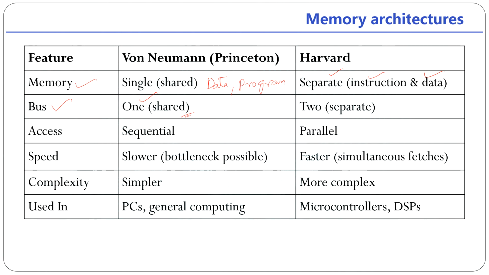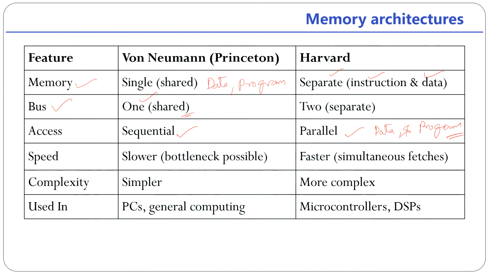Because of this shared memory and shared bus, the memory operations are sequential, whereas with separate memory and separate buses, the accessing of memory may be in parallel. So we can access data memory as well as program memory separately and parallelly.